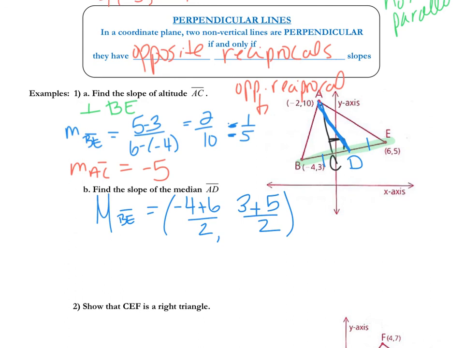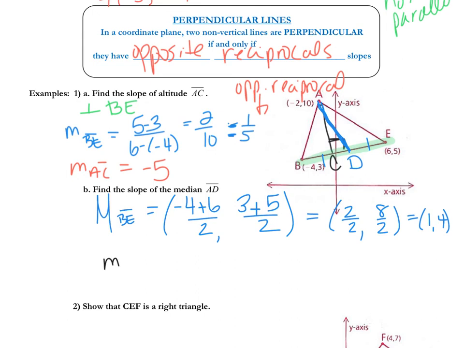Remember that when you're finding the midpoint, you want to do the average. Average is addition, so this is 2 over 2, 8 over 2, which gives me (1, 4). Now I can find the slope because I have an ordered pair up here and an ordered pair down here.